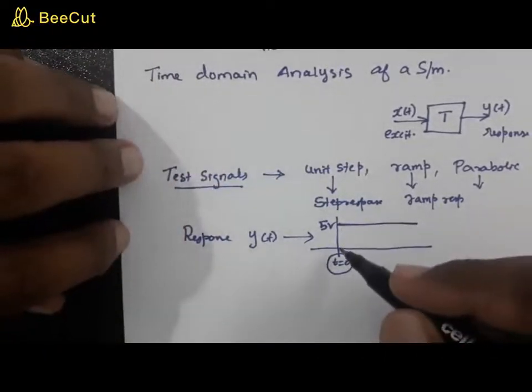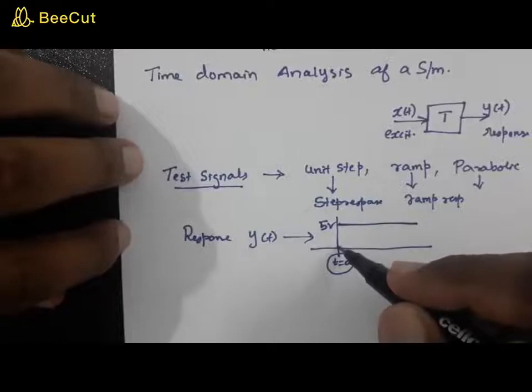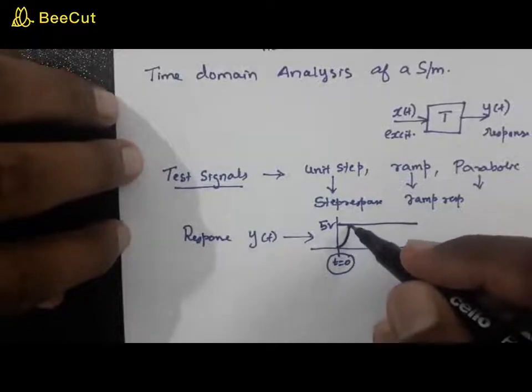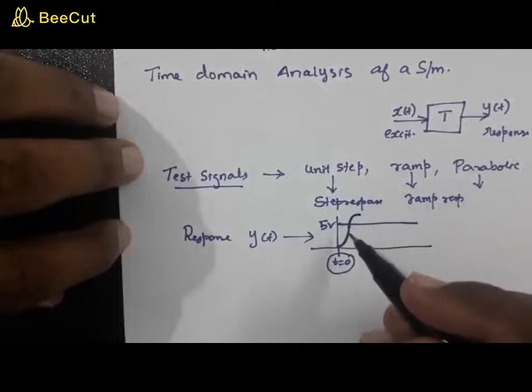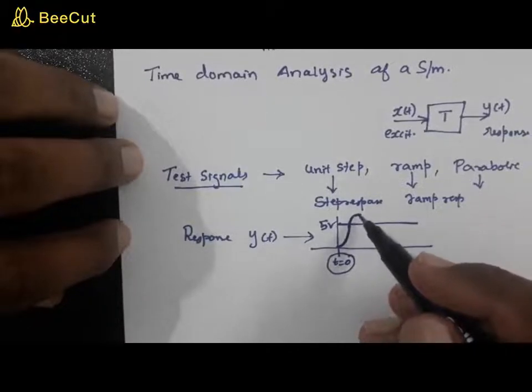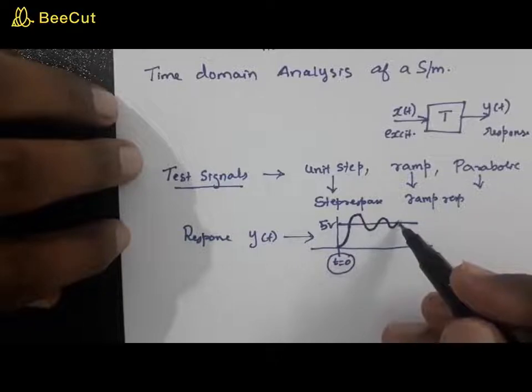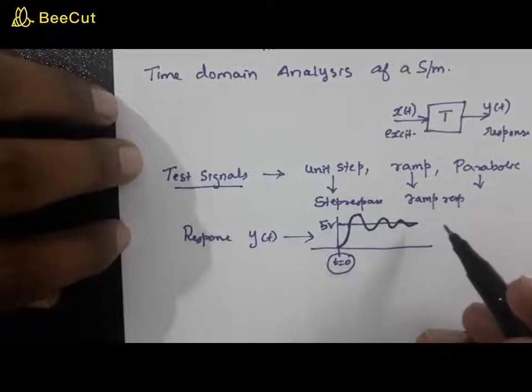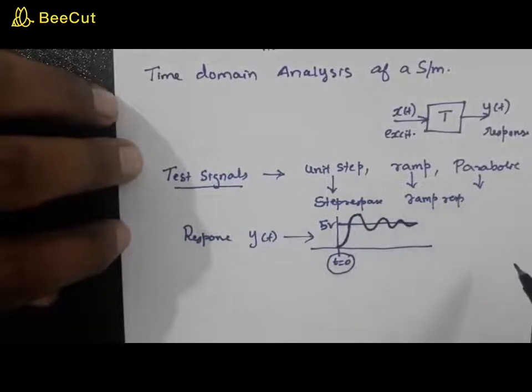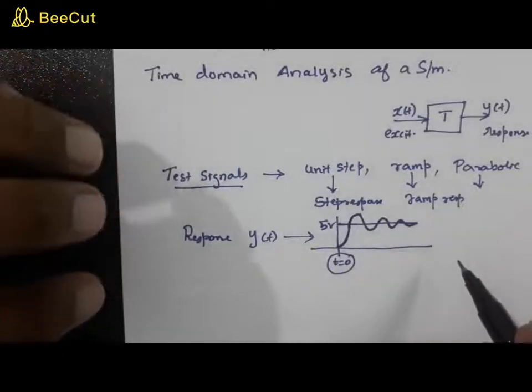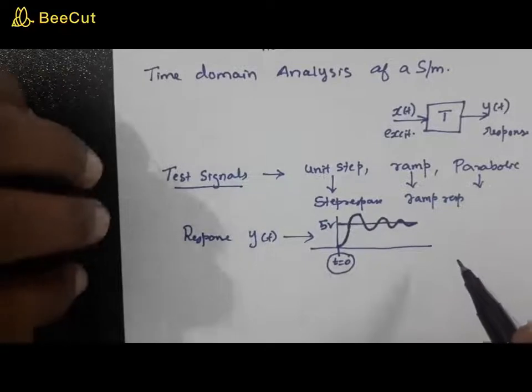Now practically, this is just a case, sometimes the system can rise above the 5 volt, and finally after some amount of oscillation, it can reach up to the 5 volt, right? So this is the practical response of a system.